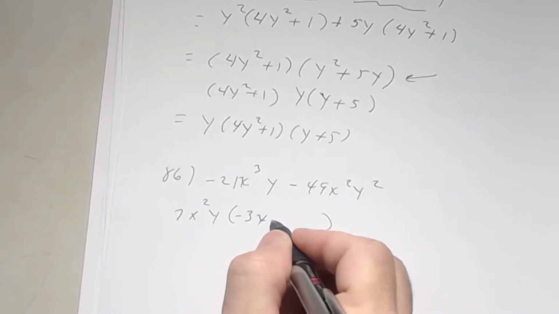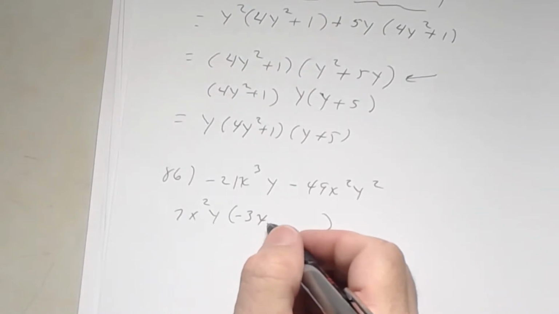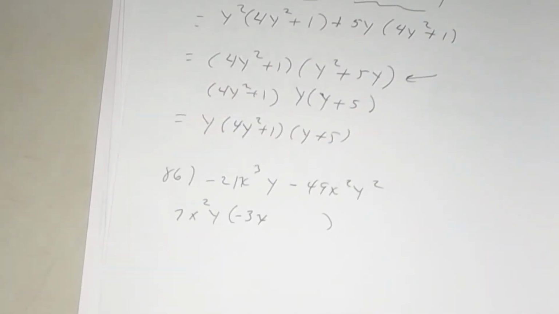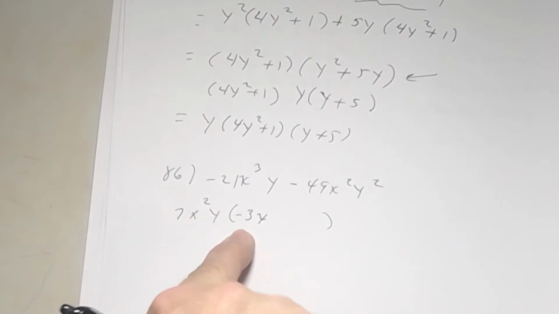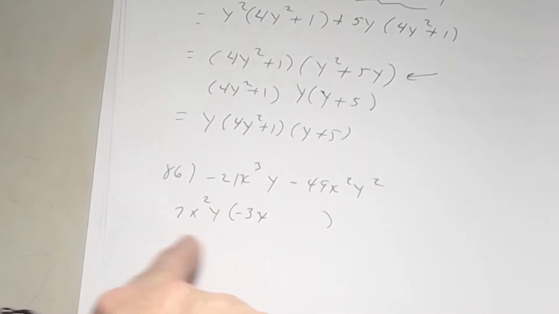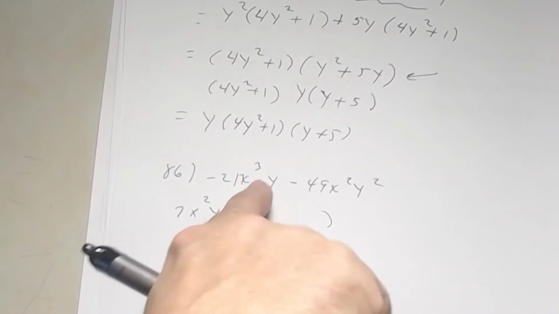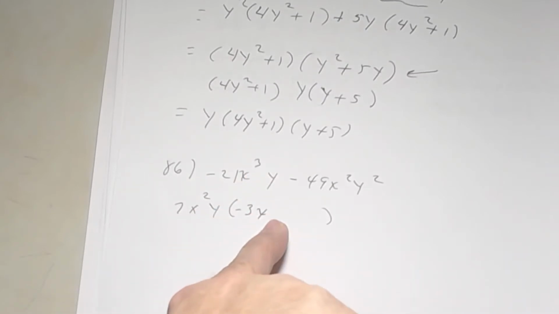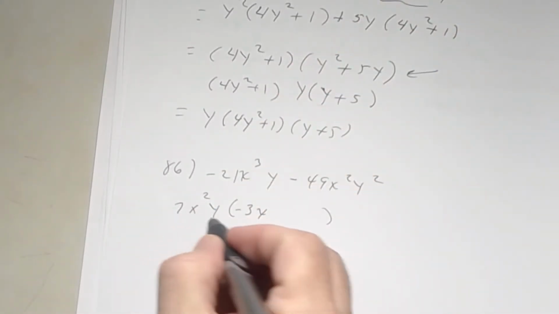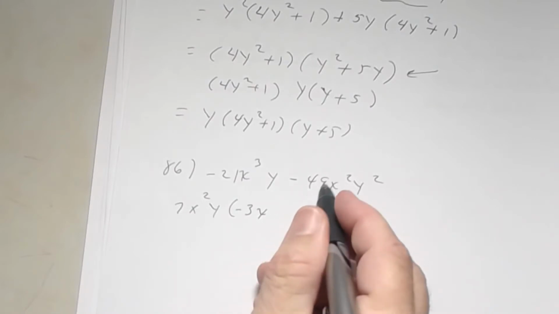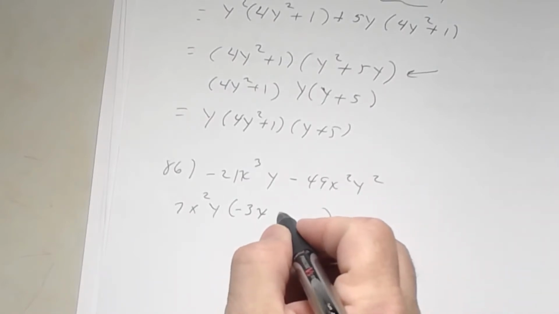3x. Just 3x, okay? You got to think. Negative 7 times a negative 3 is a negative 21. Right. X squared times x is x cubed. And I already took out the y. Right. So that's it. 7x squared y times what's a negative 49x squared y squared?